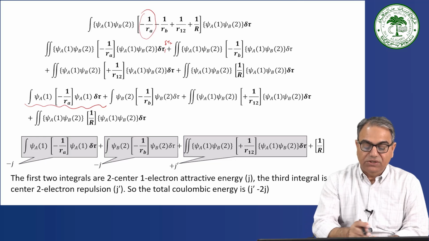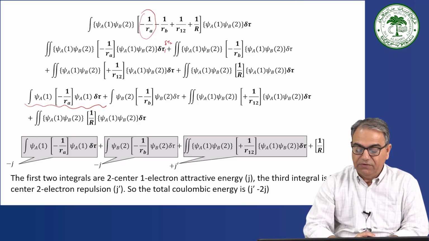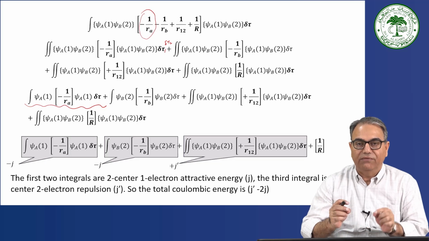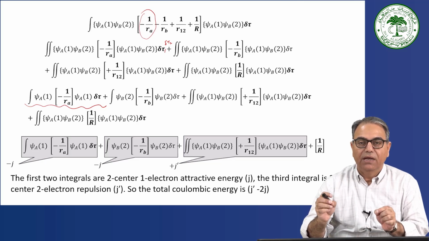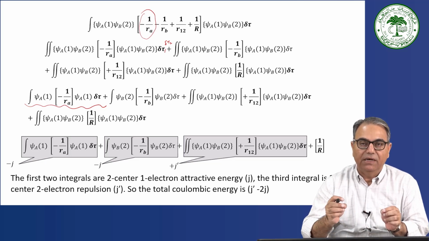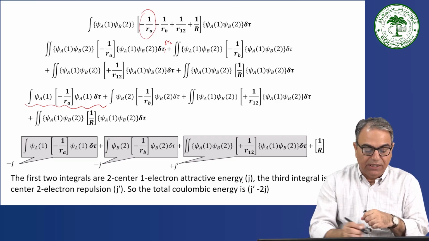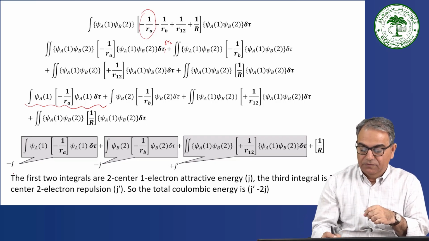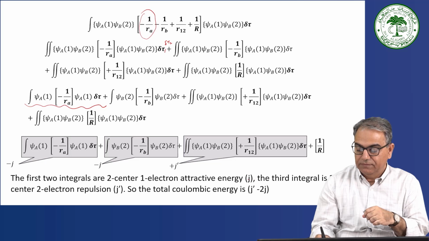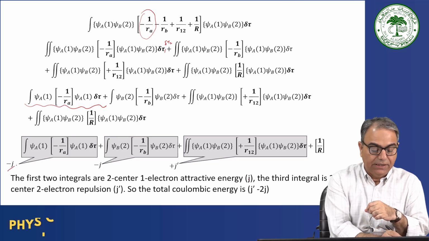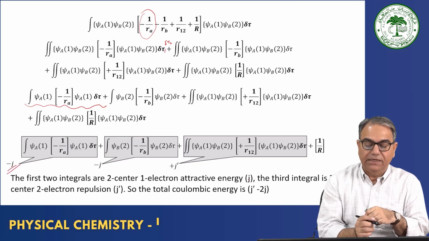So the first two integrals are actually two-centered, one-electron attractive energy. Two-centered means you have one nucleus and one electron, and it's the attractive energy between the nucleus and the electron, and this is represented as minus J. First integral and second integral.